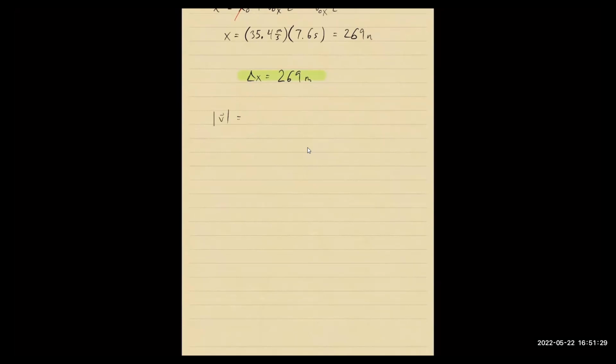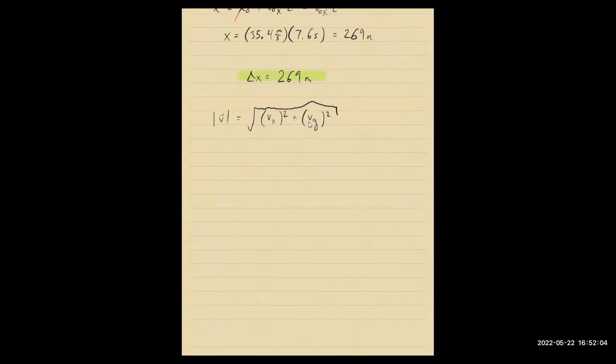So if you remember, that's going to be equal to the x component of our final velocity squared plus the y component for our final velocity squared, and all of this is going to be under the square root. It's kind of an ugly square root sign, I apologize. I'm not very good at drawing them. So we need to figure out what the final velocity in the x direction is, and we also need to figure out what the final velocity in the y direction is. So let's begin by solving for that.